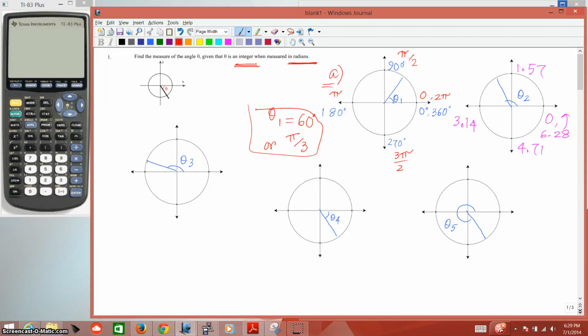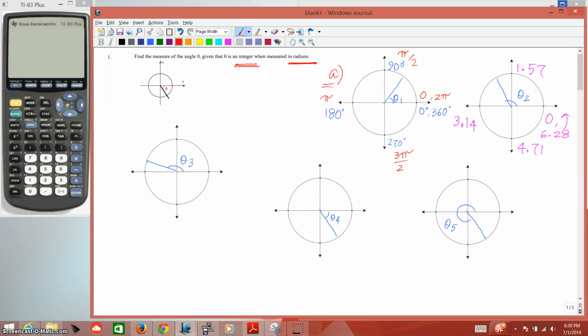As you know, I asked for radians, so the degree answer is not acceptable at all. The other one is pi by 3. This one cannot be an integer value because pi is an irrational quantity. If you divide it by 3, it's not going to turn out to be an integer in the first place. So this also is not acceptable.